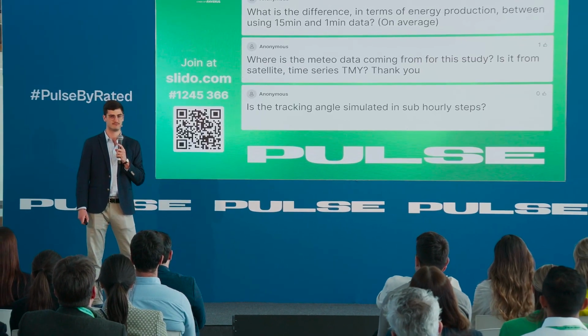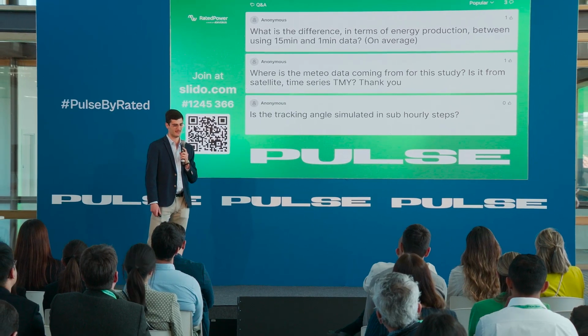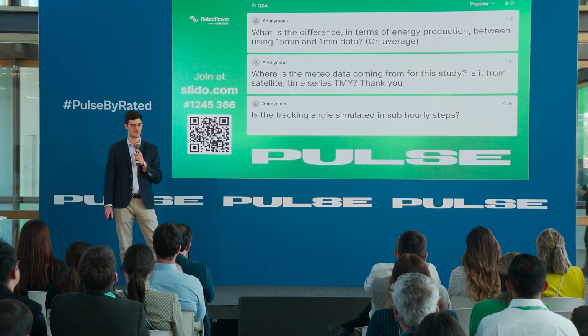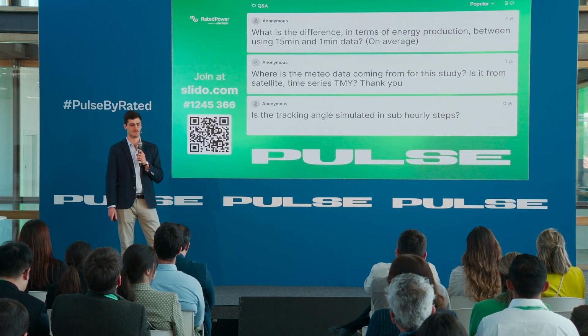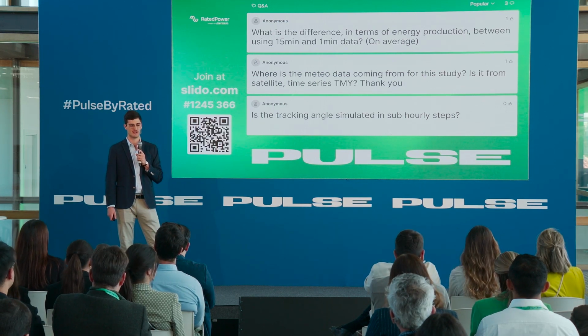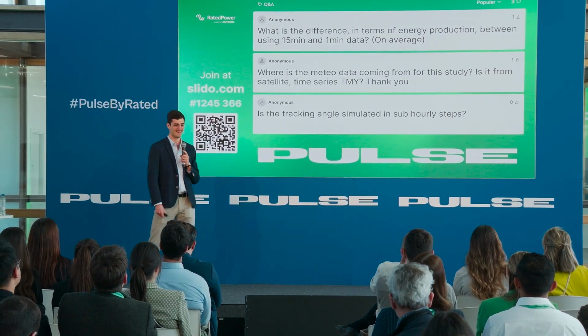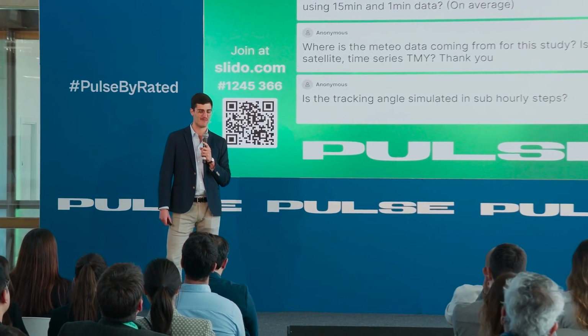The first one was, what is the difference in terms of energy production between using 15-minute and 1-minute data on average? I don't have that data right now in my head. I will have to double check. But the bigger difference that we observed was between hourly and 15-minute simulations.